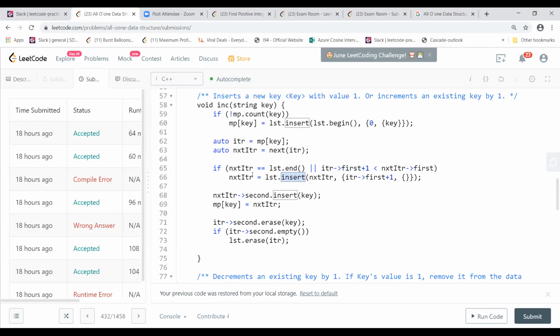And therefore we are doing this operation over here. So you are creating a next iterator in the list first with this value. And then you are inserting here the key, and then you are updating your map also. And then when you have done this, you have to erase the key in the previous bucket. And that is what this whole operation is.